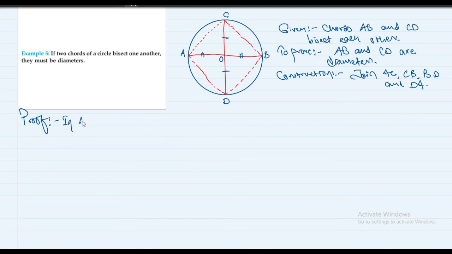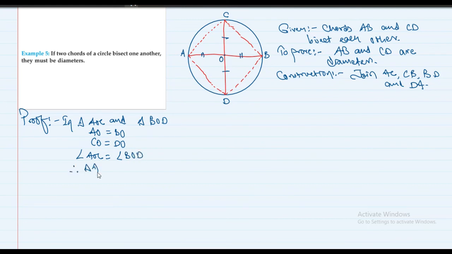So in triangle AOC and triangle BOD, can you see these two triangles, AOC and BOD? AO is equal to BO and CO is equal to DO, and angle AOC is equal to angle BOD.